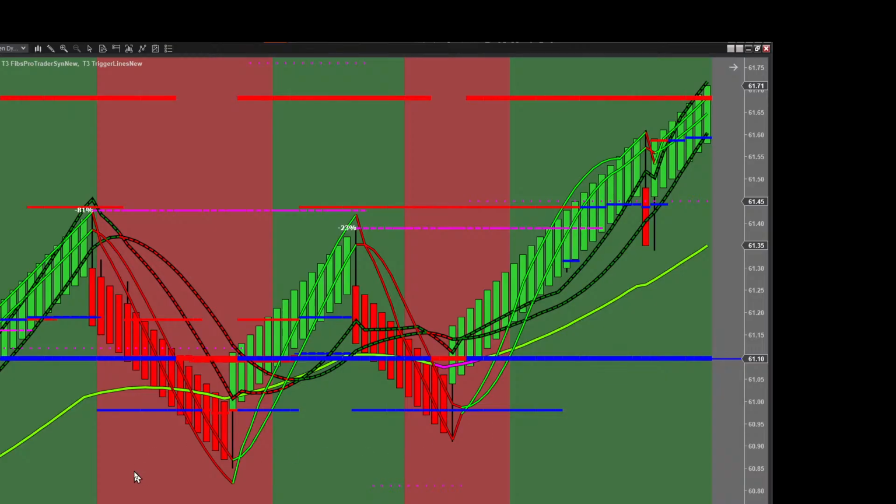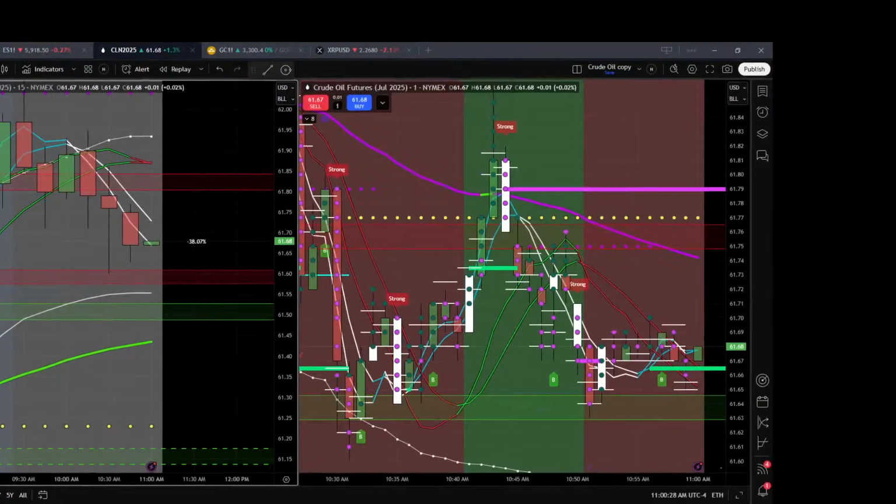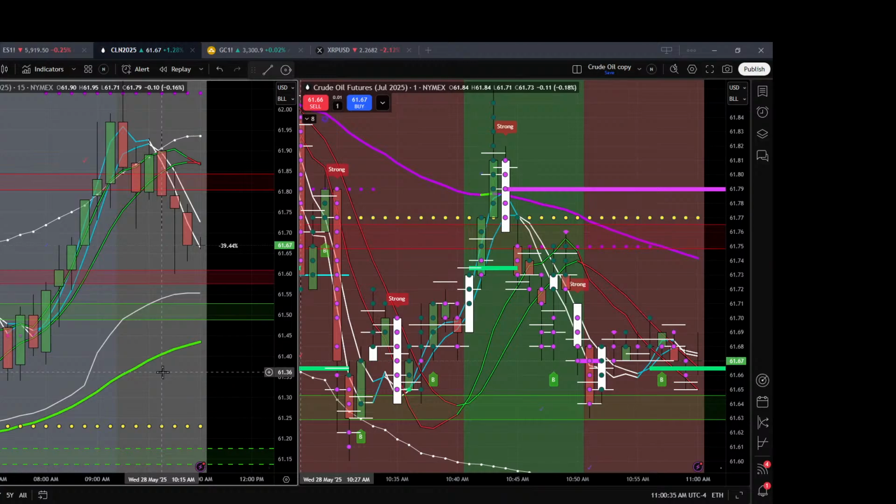Because the market goes up and down, it creates new levels. So it's actually kind of a blessing that they recalculate, because they'll identify the most current.